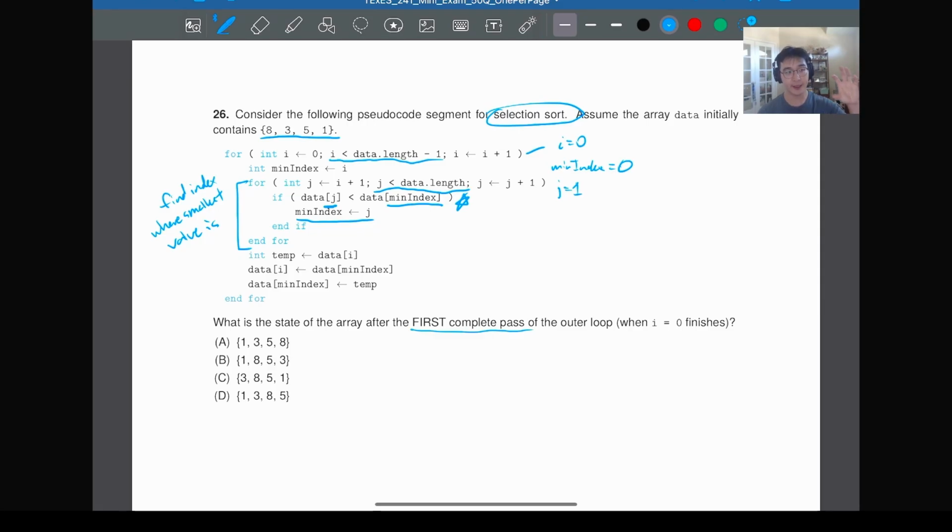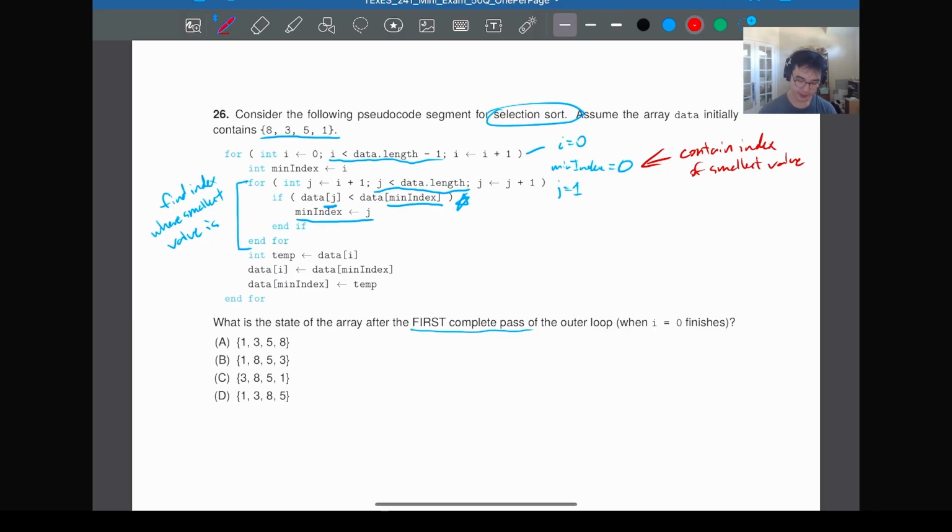So after this inner for loop runs, I have found where the smallest value is, and min index right there is going to contain the index of the smallest value.